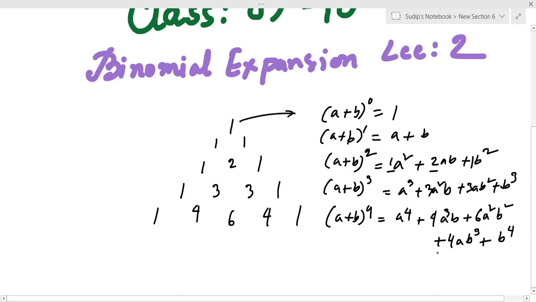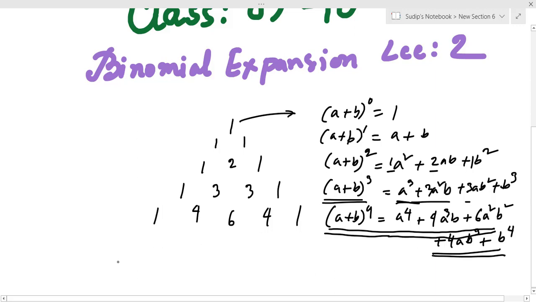So you can see that for every expansion, we need to take help of the previous expansion, and for that previous expansion we have to take help of the one before it.